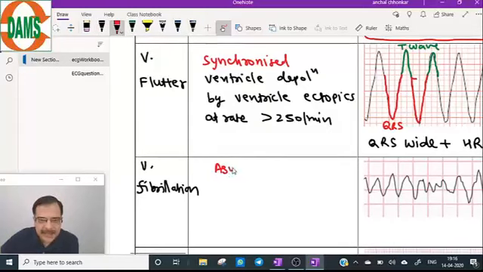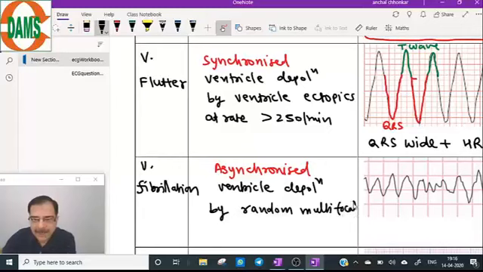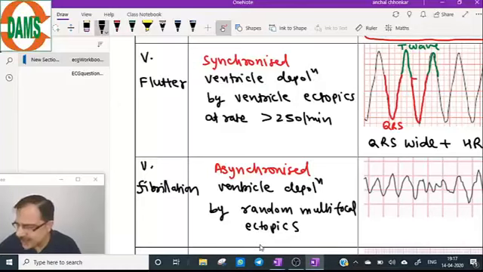It is an asynchronized ventricle depolarization by random multifocal ectopics. So it is asynchronized.